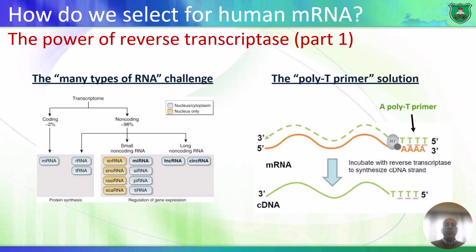Now, there are two problems when it comes to using a human messenger RNA for any particular gene. The first problem is that there are so many RNA molecules inside the cell. Now, I told you before that about 50 years ago, about three RNA molecules were known, and these were messenger RNA, tRNA, and ribosomal RNA.